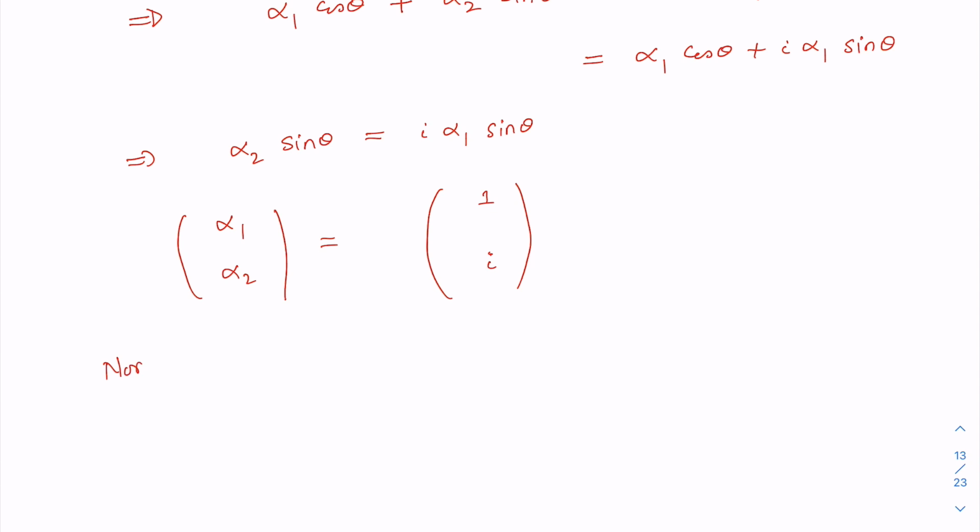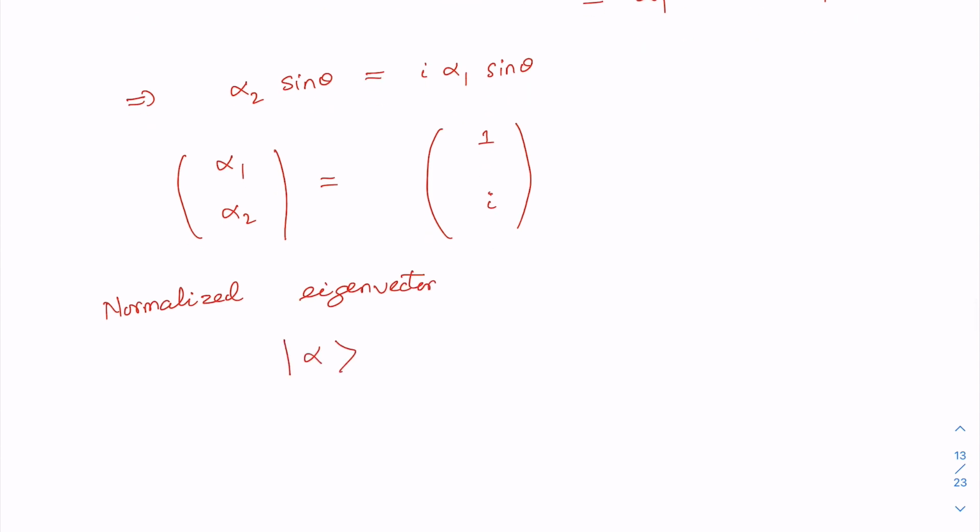But this has to be normalized, so you know how to do the normalization. The normalized eigenvector, let me denote it as ket alpha, would be 1 by root 2 times 1, i.